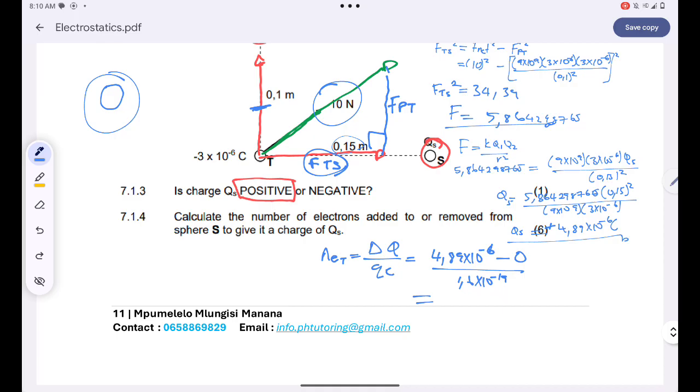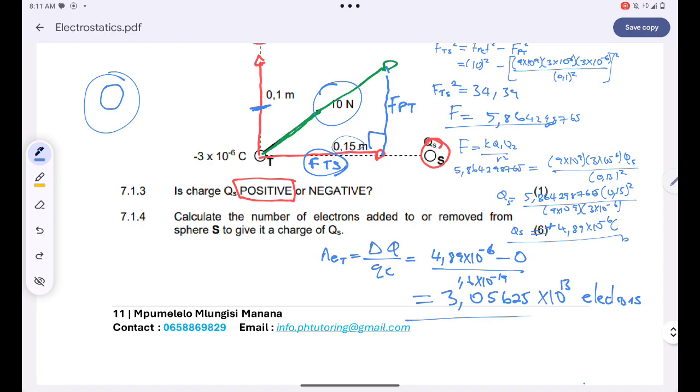And then what do we get over there? That's 4.89 times 10 to the power negative 6 minus 0 all over 1.6 times 10 to the power negative 19. So the number of electrons that were removed is basically 3.05625 times 10 to the power 18 electrons.